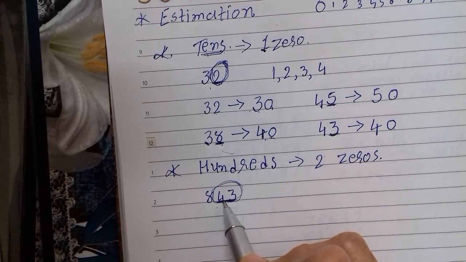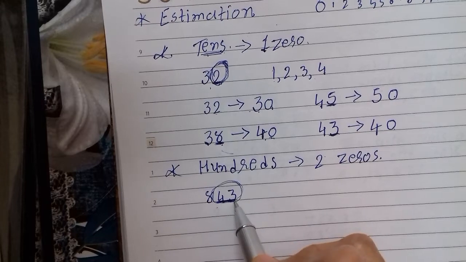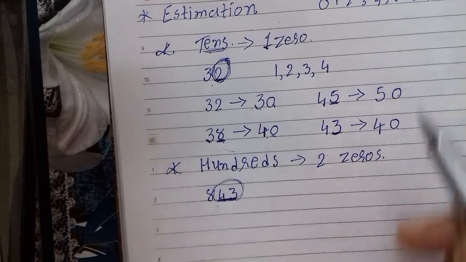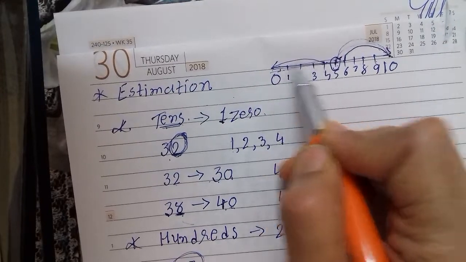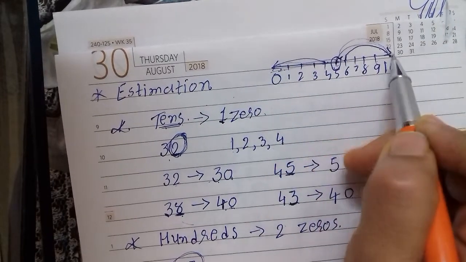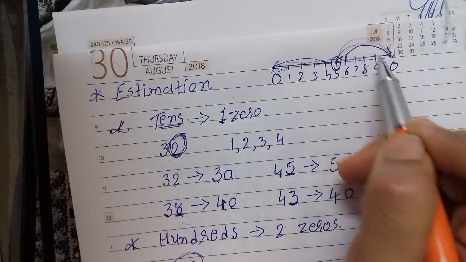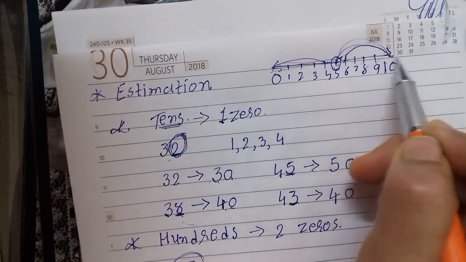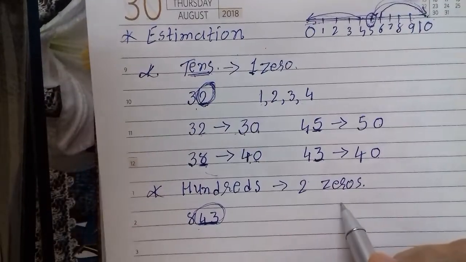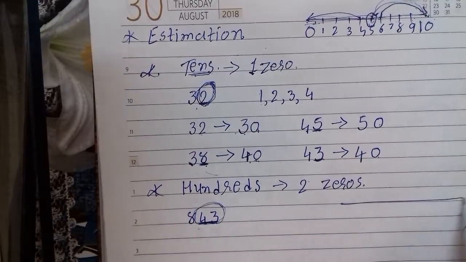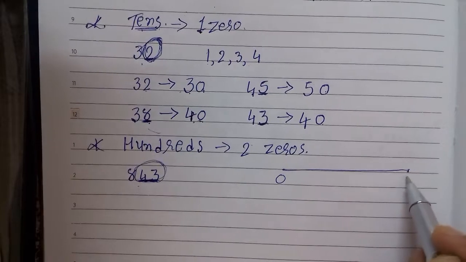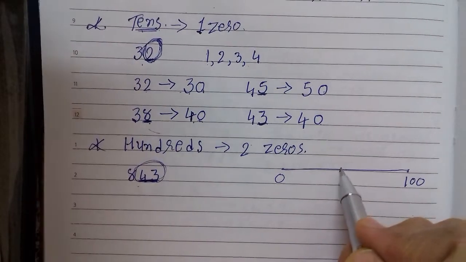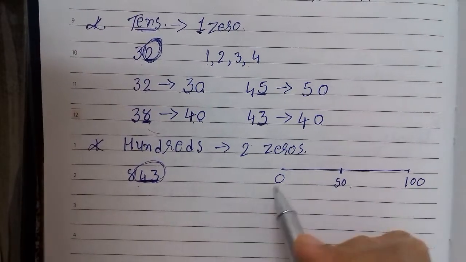43 is less than 50. Here we have seen 0 to 4 are nearer to 0, and 5 to 9, that means 6 to 9, are nearer to 10. Now the same process here, 0 to 100, here 50.